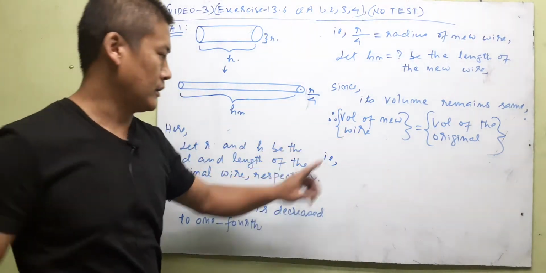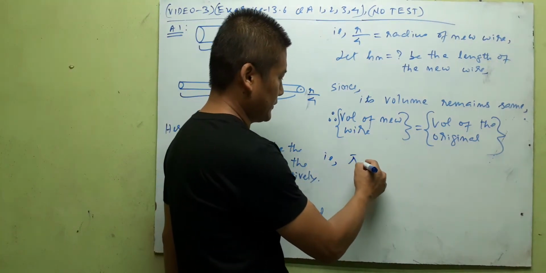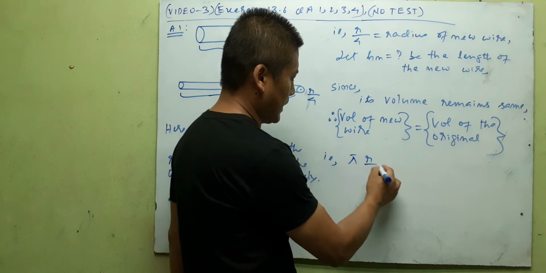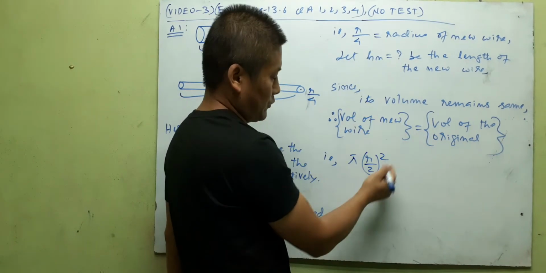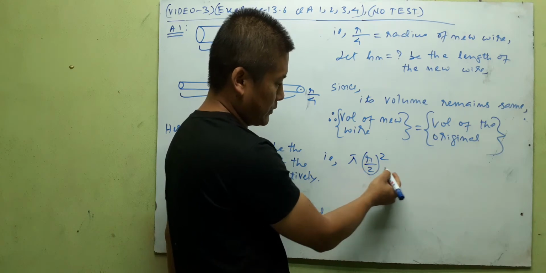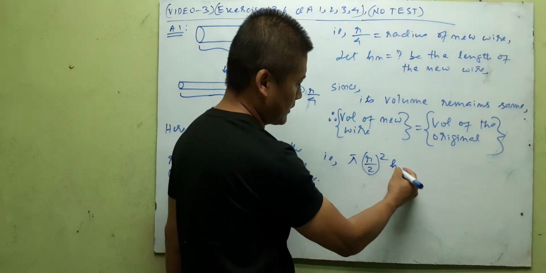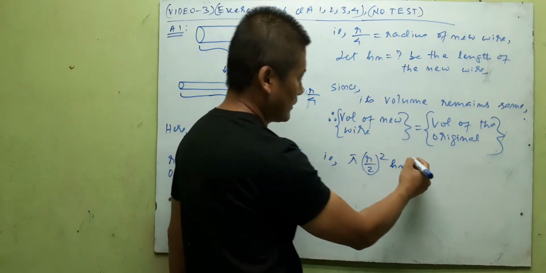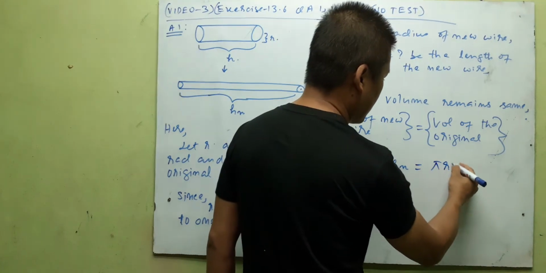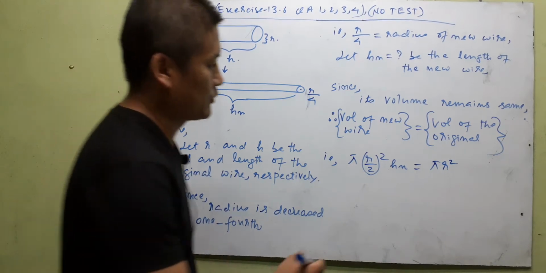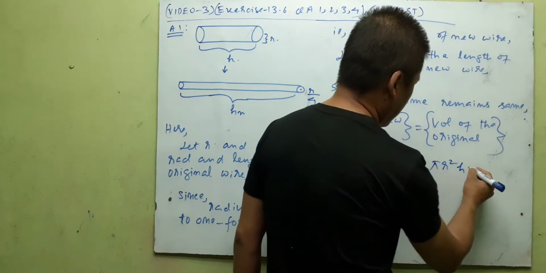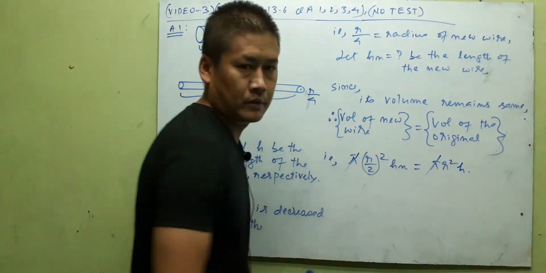Wire means cylindrical, so we use the formula for volume of cylinder. Pi R by 2 is the radius of the new wire. So we need to put bracket because numerator denominator is there. Pi R square, H is Hn for the new one. It will be equal to volume of the original, simply R and H. So we can just put the R square H. So pi and pi can cancel out. Right.